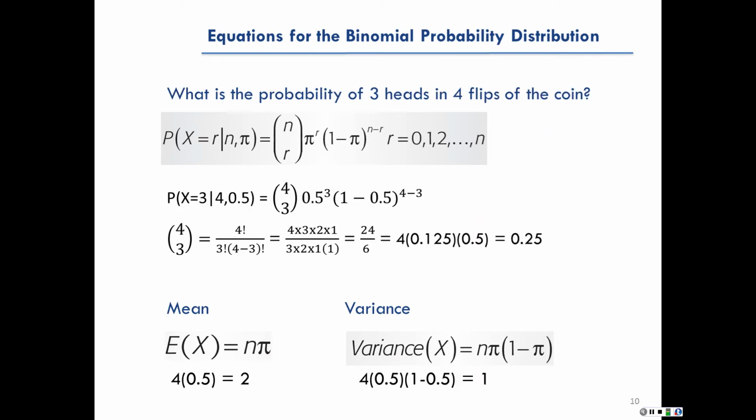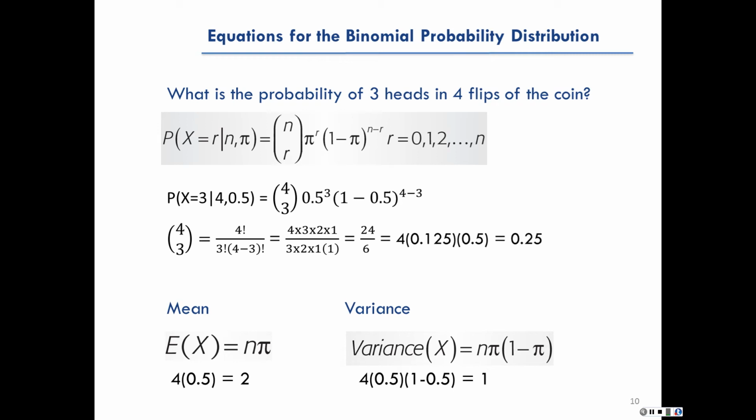Okay, so let's walk through an example here. What is the probability of 3 heads in 4 flips of the coin? I've repeated our formula there, and then beneath it shown how we would enter the actual values in the formula. So we're looking for the probability that x equals 3, that's the number of successes we're looking for, conditional on 4 trials and a probability of success on any trial equal to 0.5, or half.